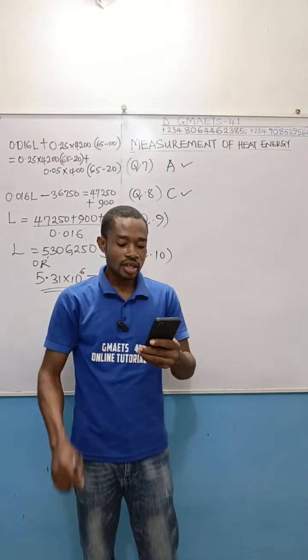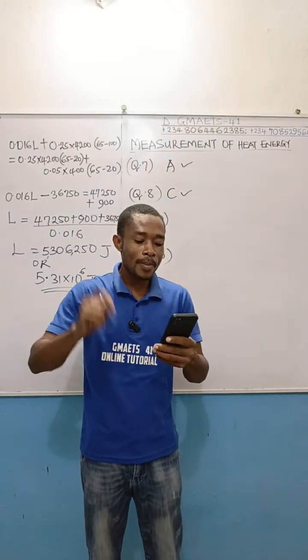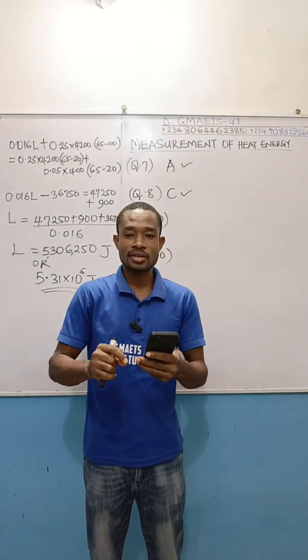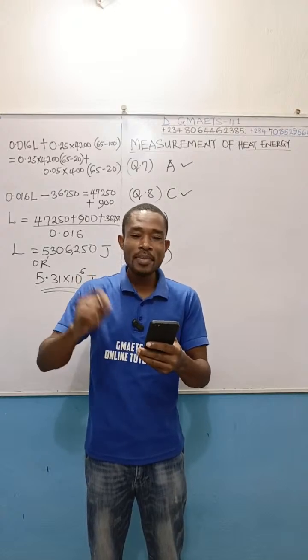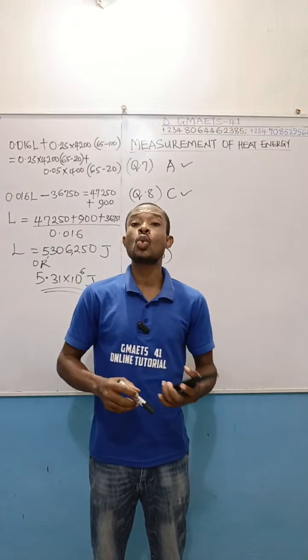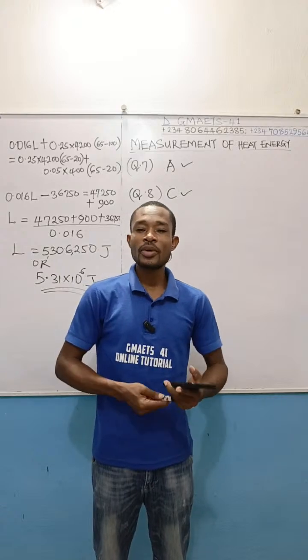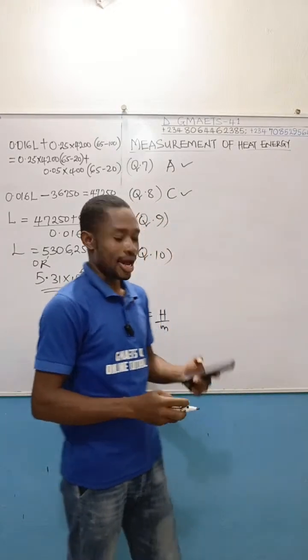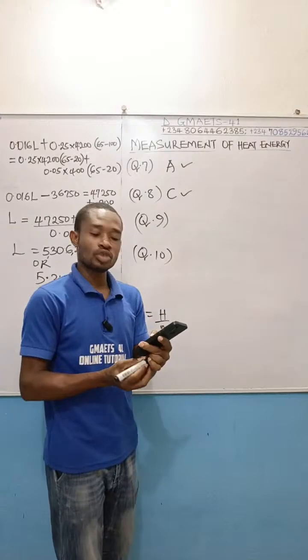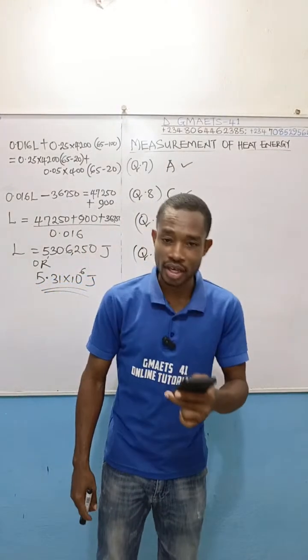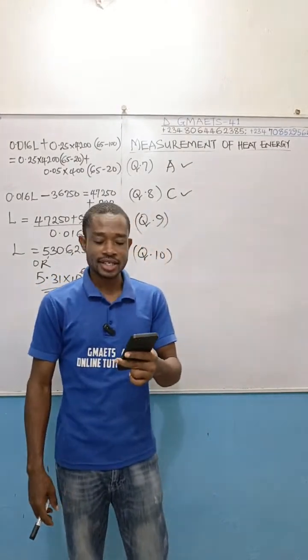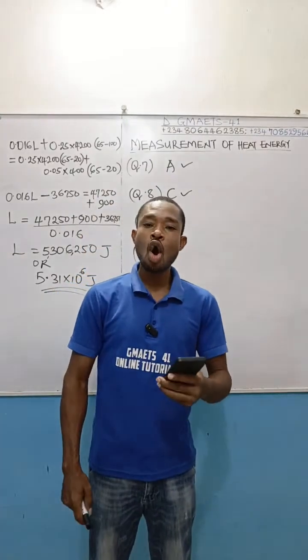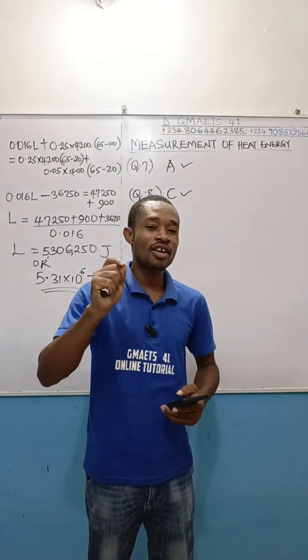Question number 10. The temperature of pure melting ice is what? Option A, 373 Kelvin. That is not the answer. Option B, 273 Kelvin.